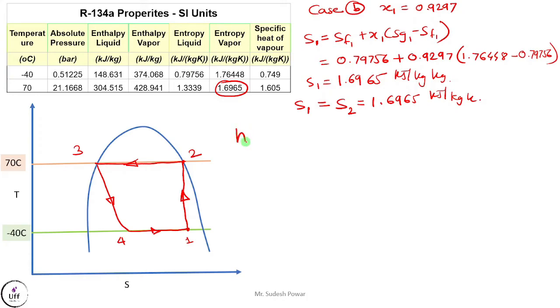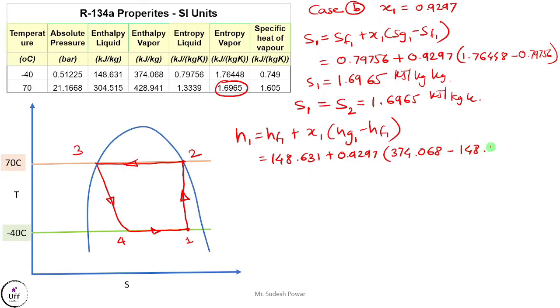So H1 we can find out as, H1 we are getting as 358.2197 kilojoule per kg. H2 we can directly get since the point number 2 lies on saturated vapor line at 70 degrees centigrade.